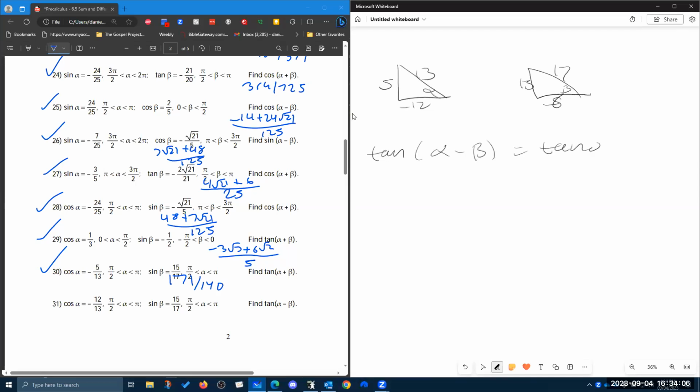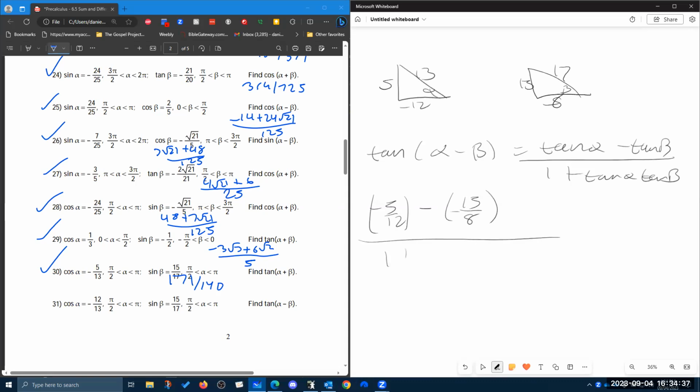It's tan alpha minus tan beta over 1 plus tan alpha tan beta. It's going to give me tan alpha is negative 12 over 5 minus tan beta is negative 15 over 8, over 1 plus negative 12 over 5 times negative 15 over 8.